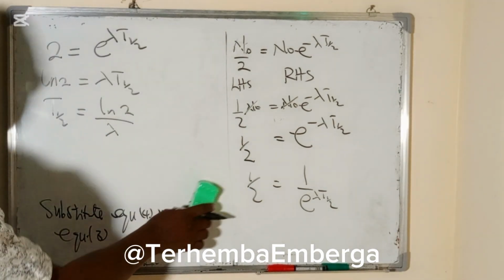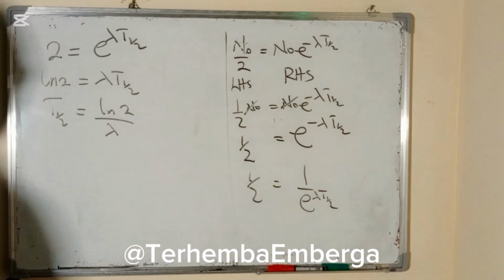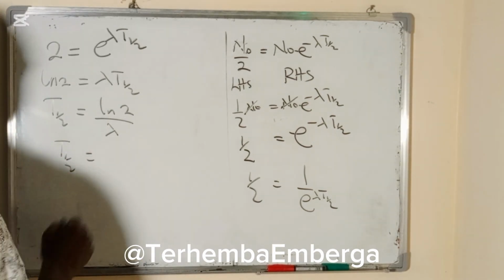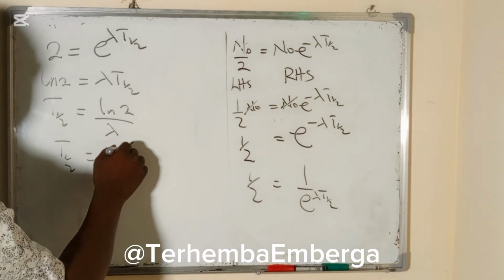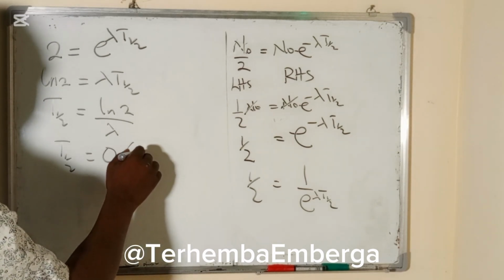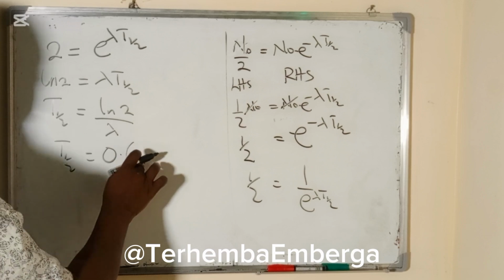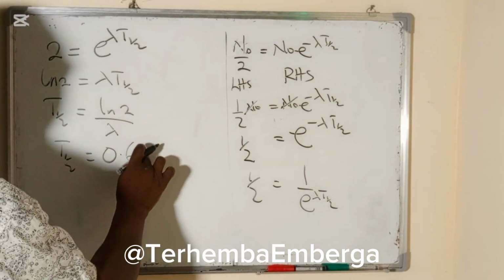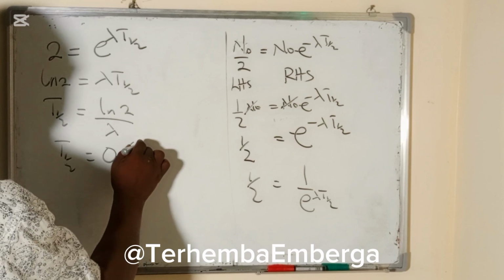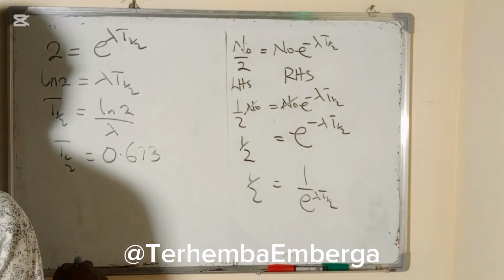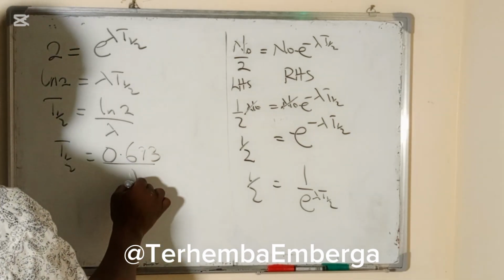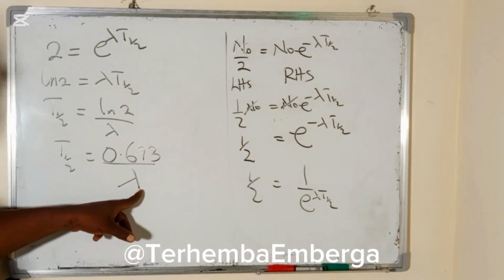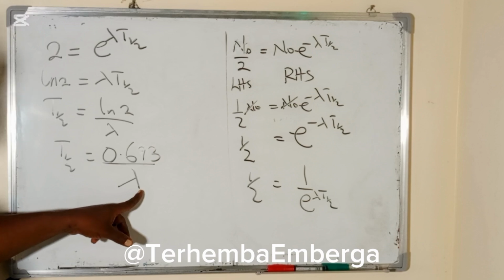From your calculator, the value of ln 2 is 0.693, so t half equals 0.693 all over lambda, where lambda is the decay constant.